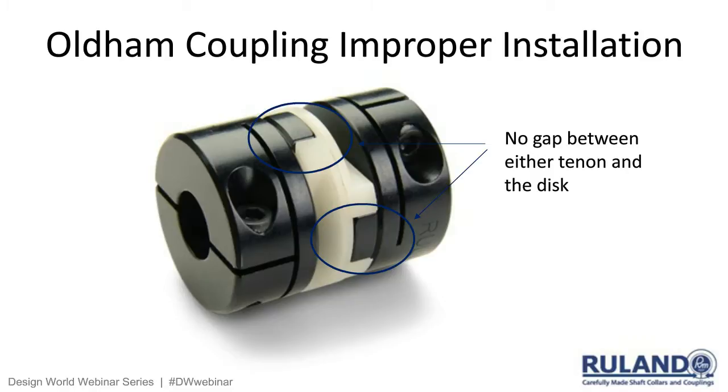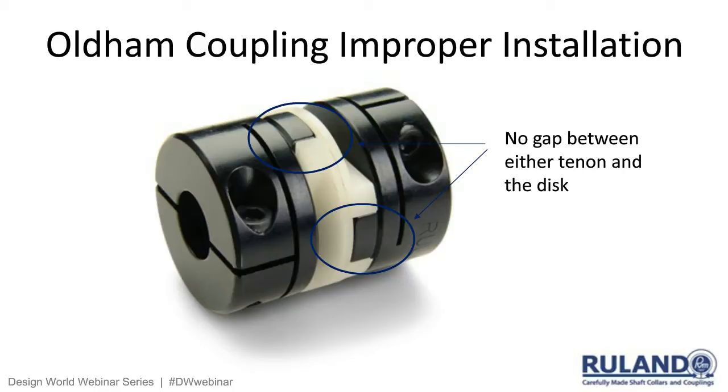Again, Oldham couplings have a disc, and that disc actually moves up and down, if you will, in this case, to accommodate the misalignment. And there needs to be a gap or space, if you will, to allow the disc to move.